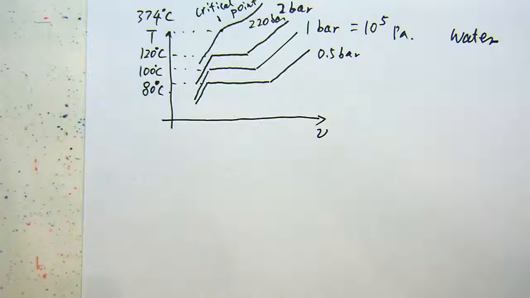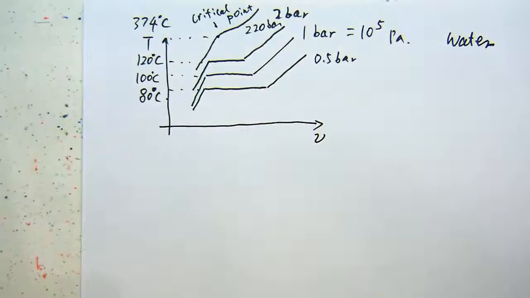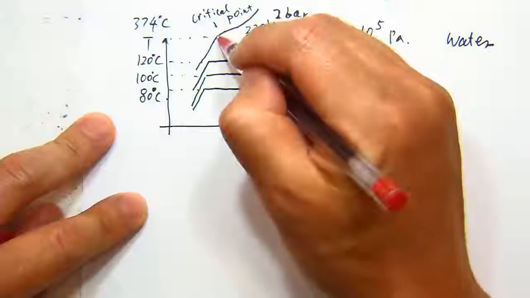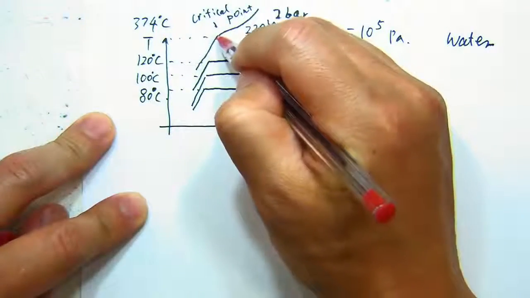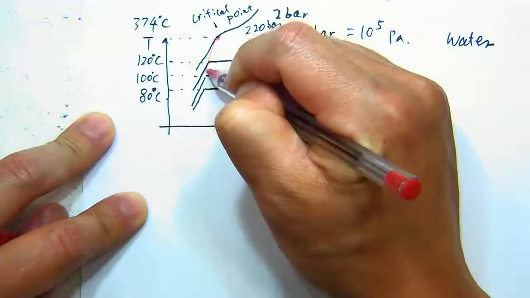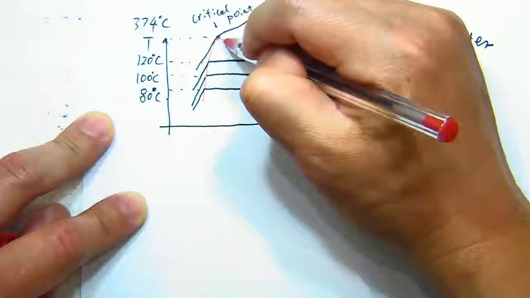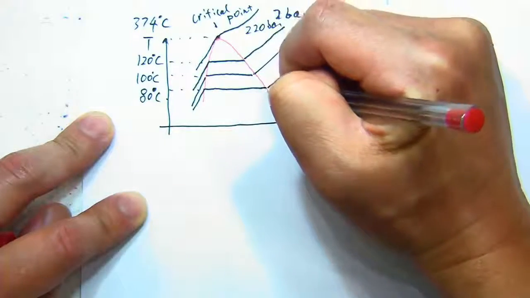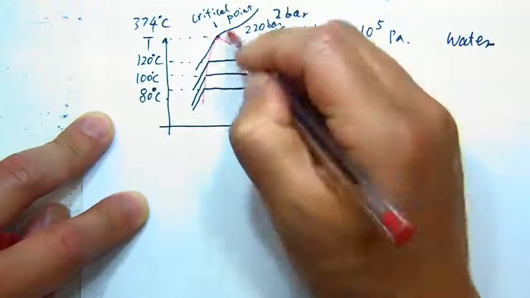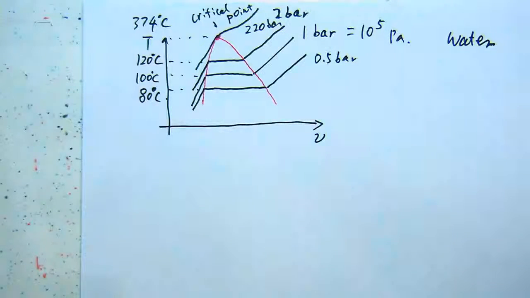All right. So when we have this set of lines, we can connect them together in terms of the starting point and the end point on the horizontal section. So starting from the critical point, connect all these saturated liquid points and all the saturated vapor points, then I have this red dome-like curve.